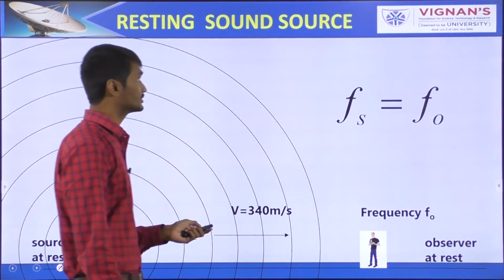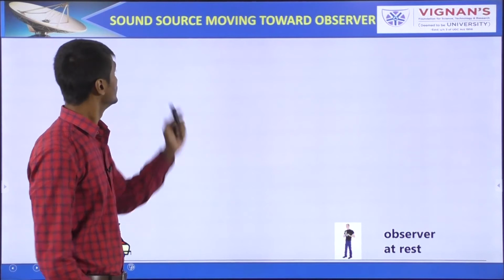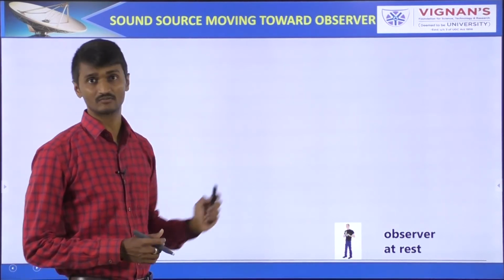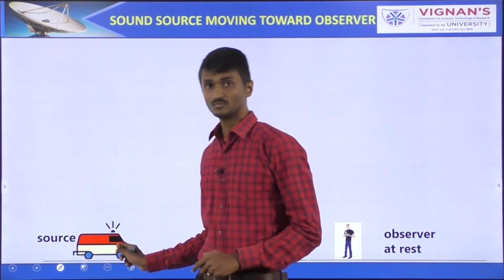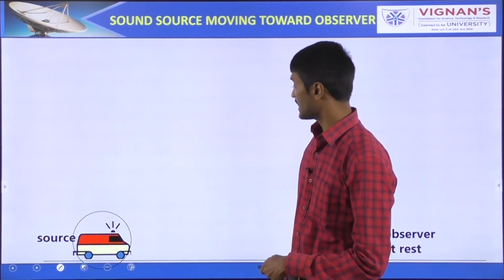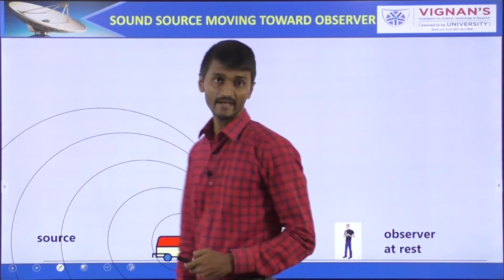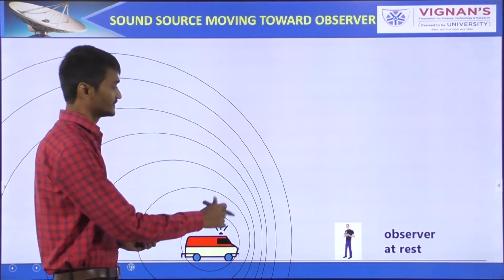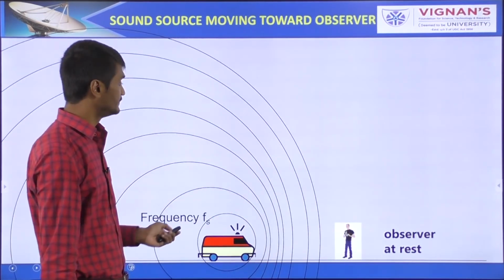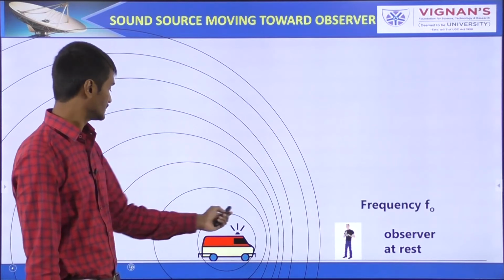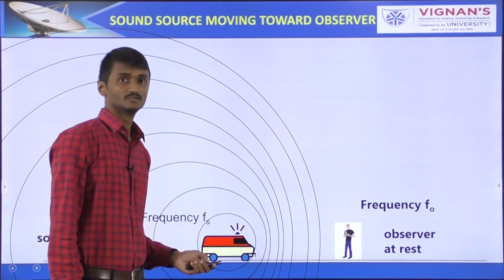Now we'll move to the next case: sound source moving towards the observer. What is the relation between the frequencies fs and f0? Can you tell me?